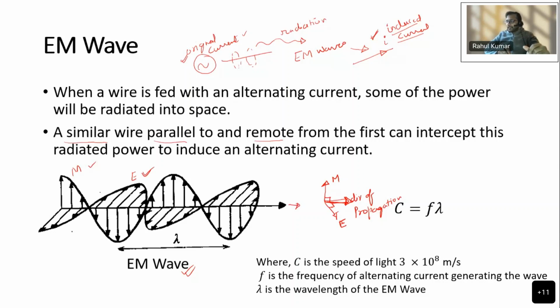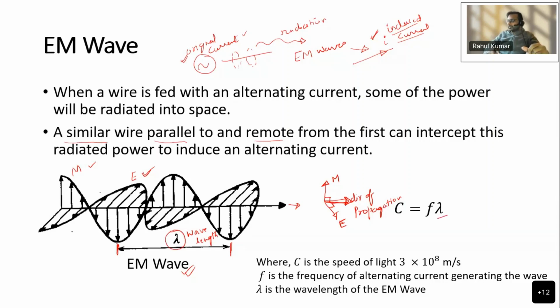The distance between two successive peaks is called the wavelength, which is represented by this Greek letter lambda. Now lambda, or the wavelength of the electromagnetic wave, is directly related to the frequency.